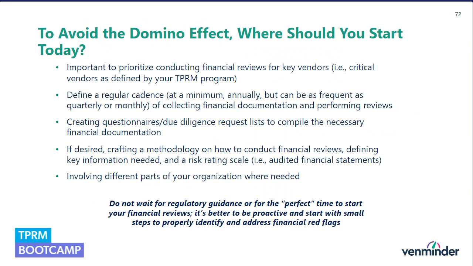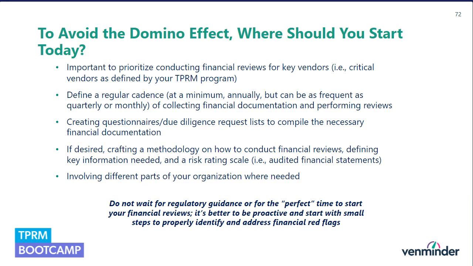So you may be asking how you can avoid that domino effect and where you should start. It's important to prioritize and categorize your key vendors and then conduct financial reviews on those. Critical vendors obviously require a financial health review, so use that as a starting framework.